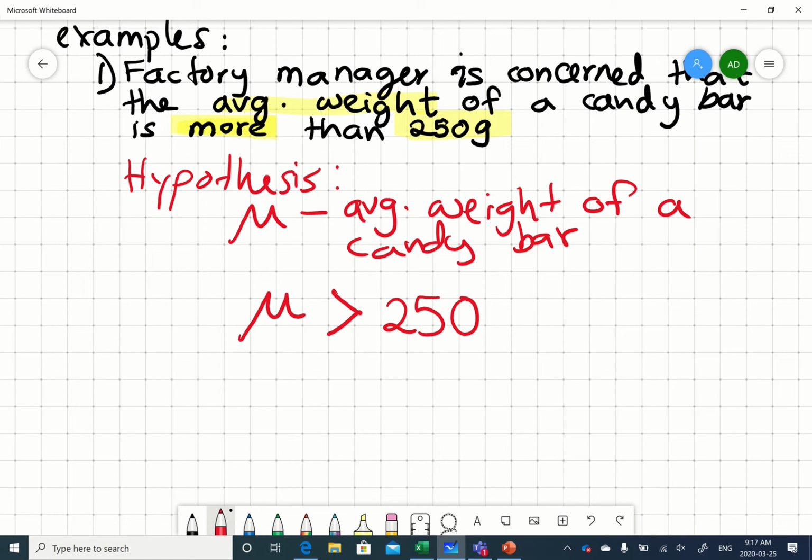You can continue with the production. Or the other way, if the result came the other way, then you have to tell the manager, this is what we have found based on our sample. It seems like the average weight is more than 250. Your concern is valid, so you may have to go through your production process and figure out what the problem is.